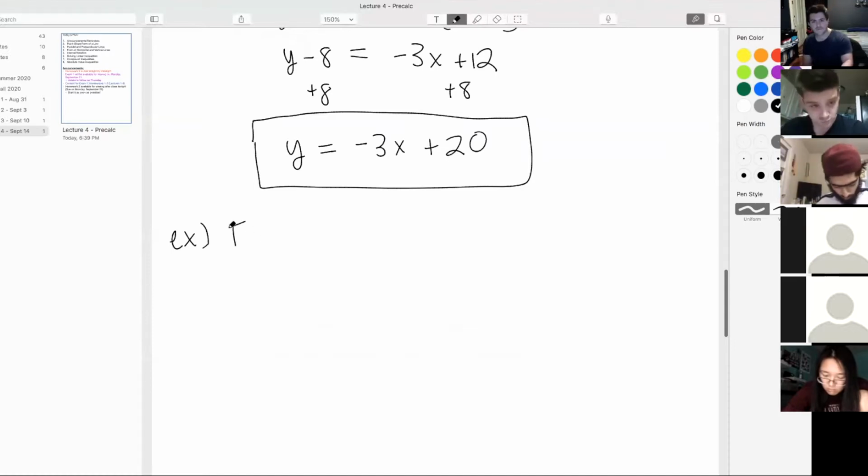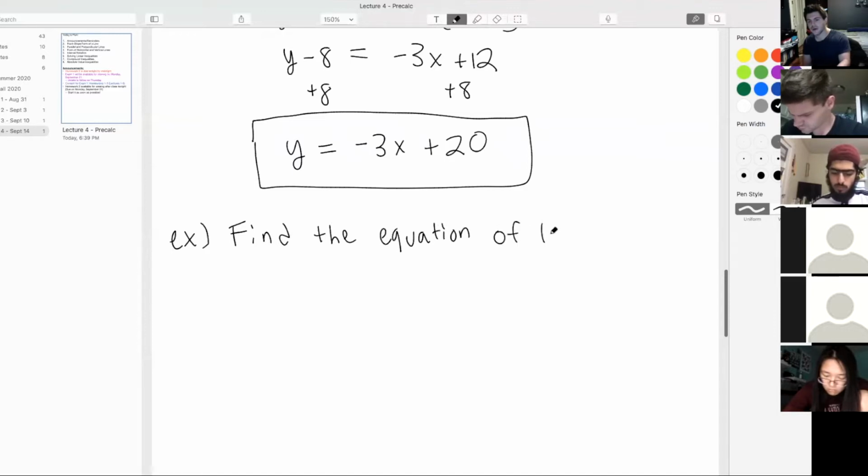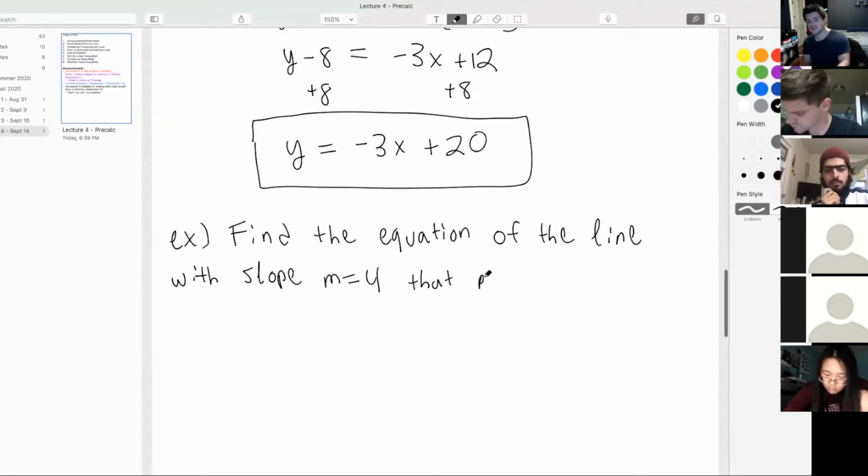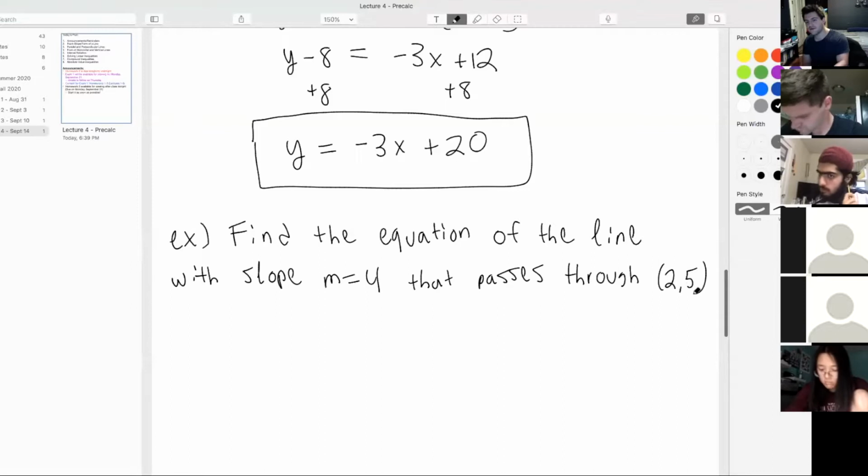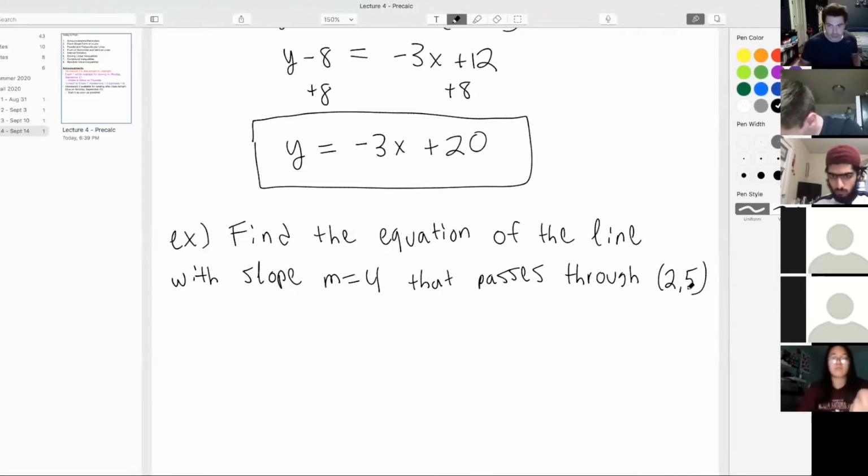All right, so next example, find the equation of the line with slope m equals 4. So with slope 4, that passes through 2, 5. All right, so it's the same deal.